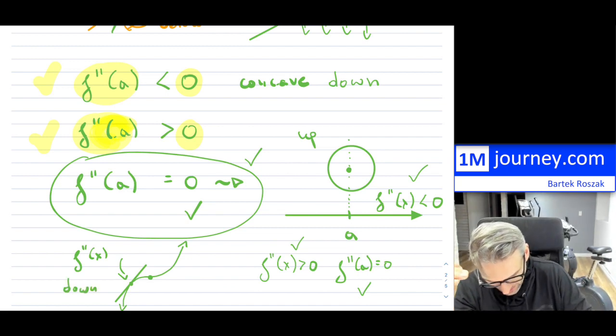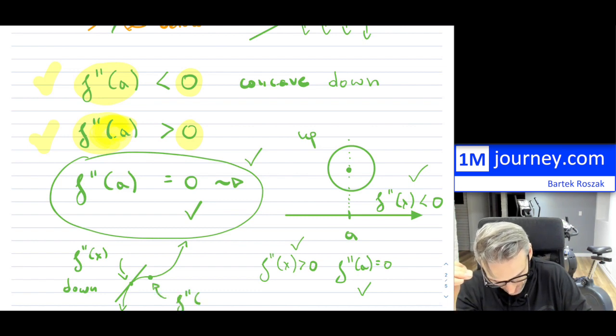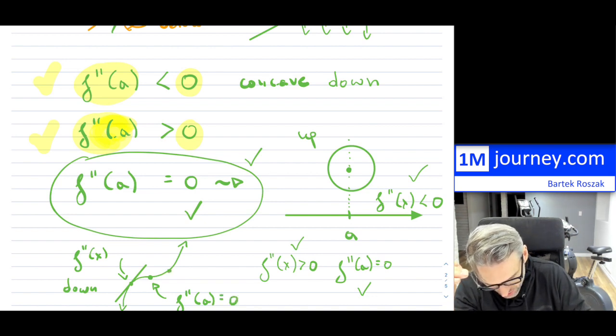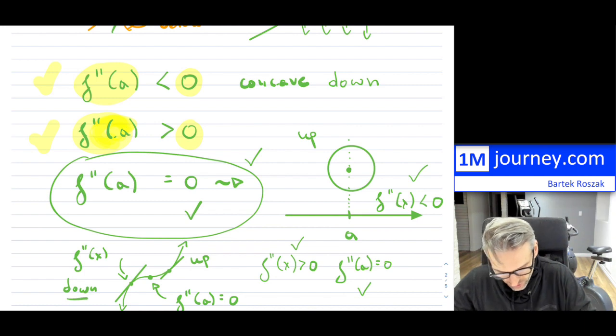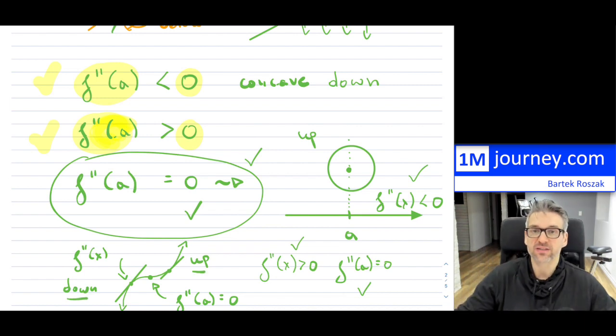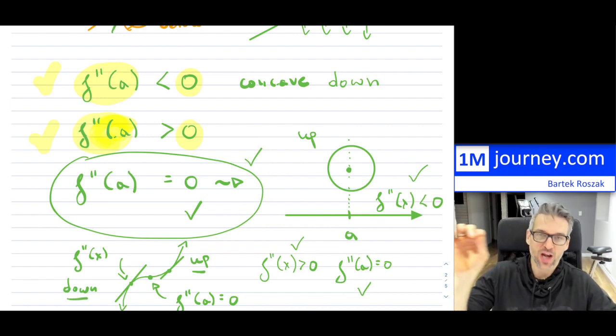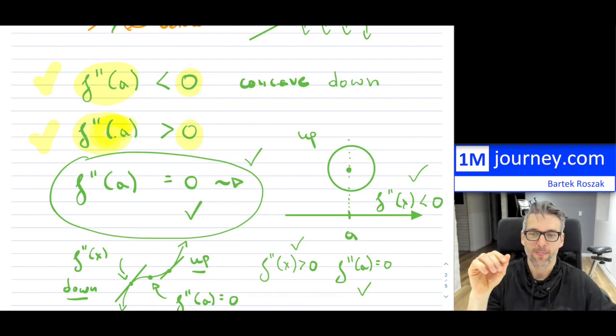Then it hits this point, let's say this is A, where the second derivative would have been 0. But then notice what happens: it switches over here, and it's concave up. So this is concave from down to up. That is an inflection point, a change in your second derivative. So that's one thing that can happen.